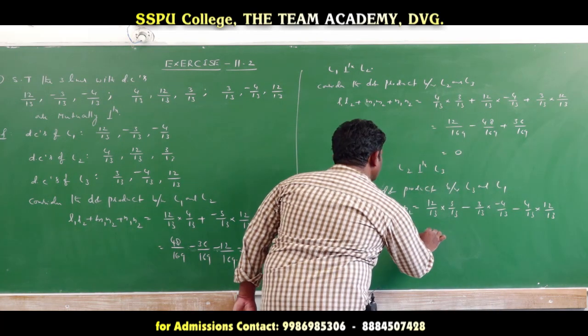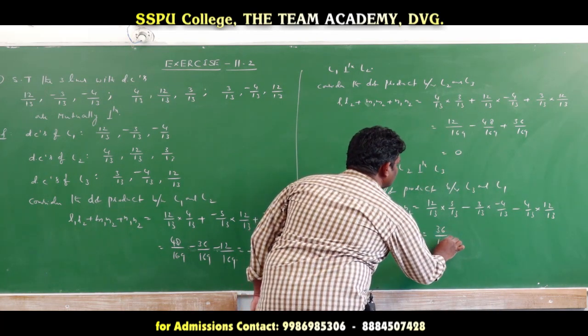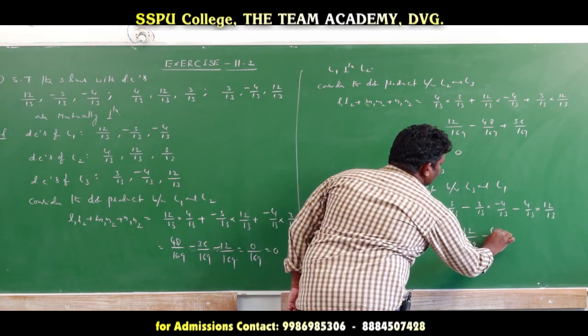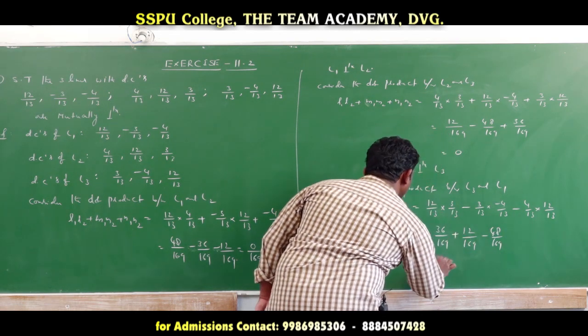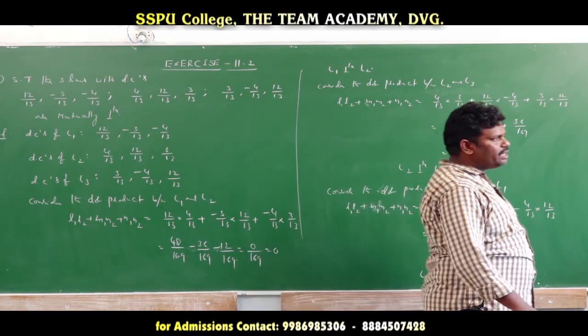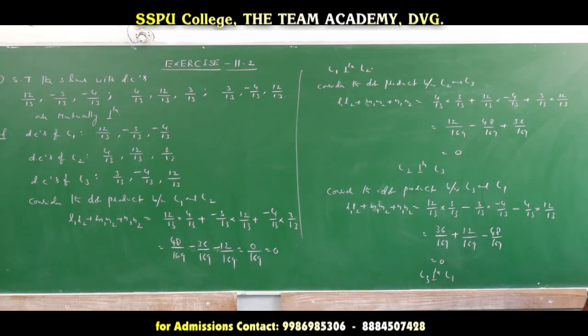That is equal to 36 by 169 plus 12 by 169 minus 48 by 169. Here also it is 0, so L3 is perpendicular to L1. So in the three cases, L1 is perpendicular to L2, L2 is perpendicular to L3, and L3 is perpendicular to L1. Therefore the given three lines are mutually perpendicular lines.